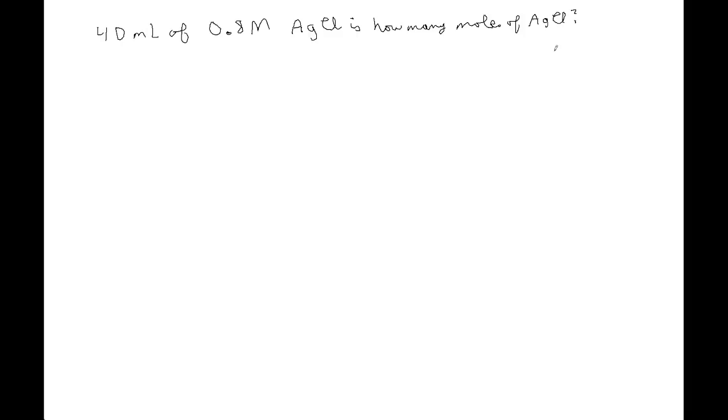All right, so how would you do this problem? Now we take 40 milliliters. And then we can multiply that by 1 liter over 1,000 milliliters. And then we can take 0.8 moles over 1 liter. All the units cancel.